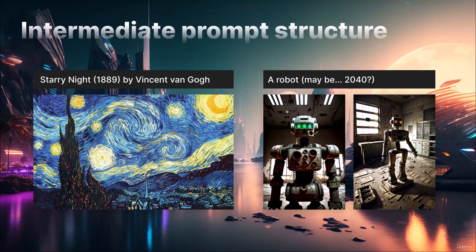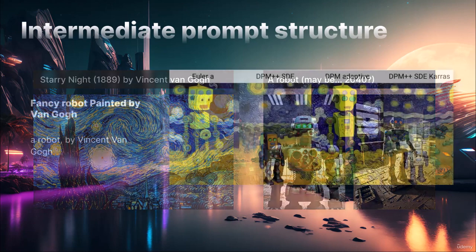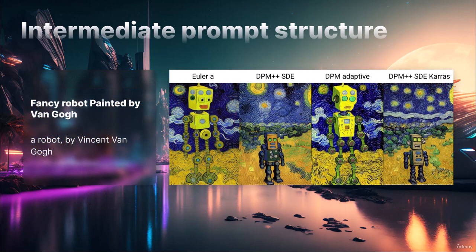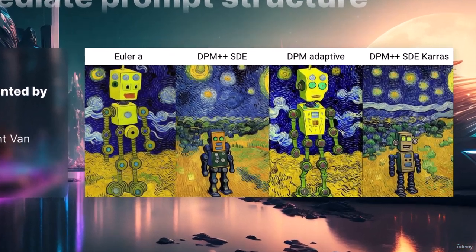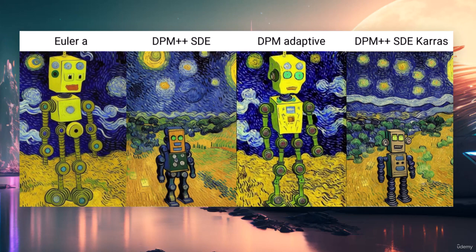Okay, 10 seconds passed, and let's take a look at the generated image and see what it looks like. Interesting. It looks like Vincent van Gogh might have had his own unique interpretation of what a robot looks like. In this example, I used 4 different samplers, and we will go into more detail about samplers in future classes.